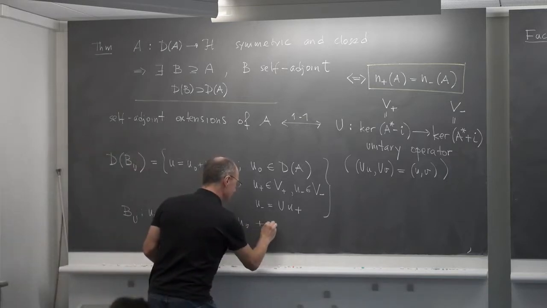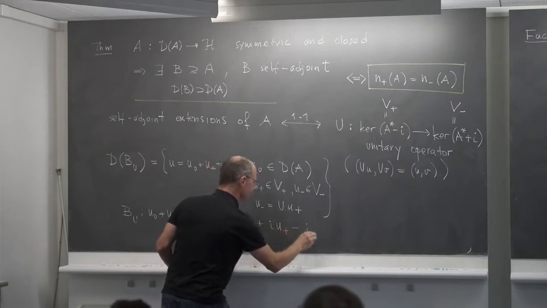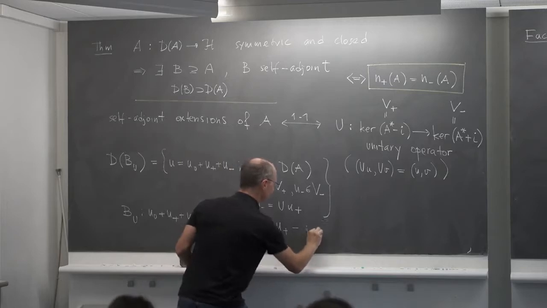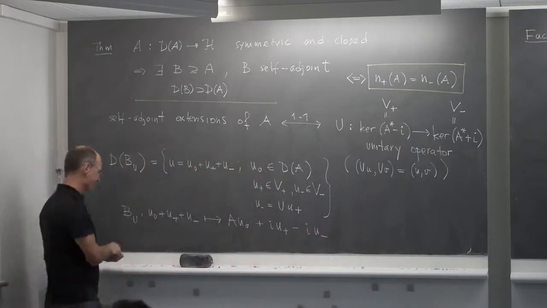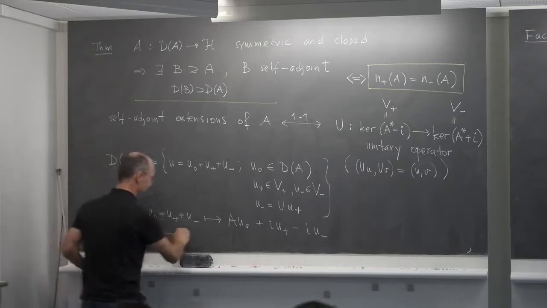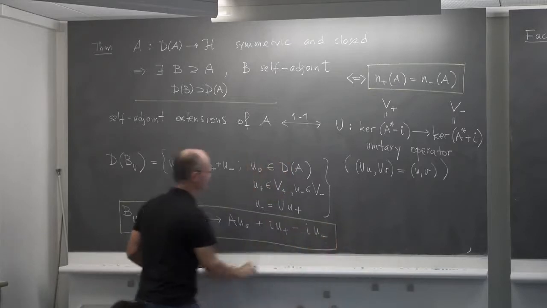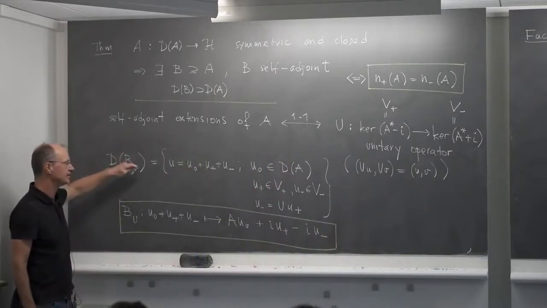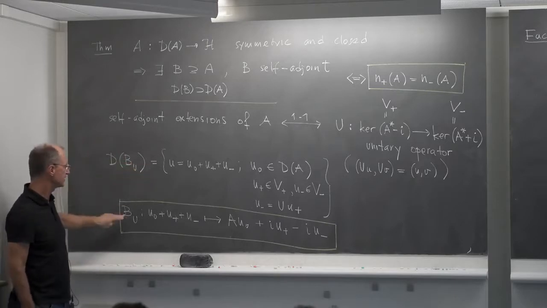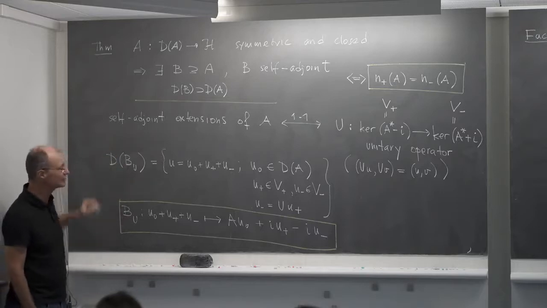And then it multiplies u plus by i, and it multiplies u minus by minus i. So you see that these are really beautiful and interesting. As I say, we're not going to prove that theorem, but part of it, the fact that B_U is symmetric, you're going to prove in the next problem set on Wednesday.